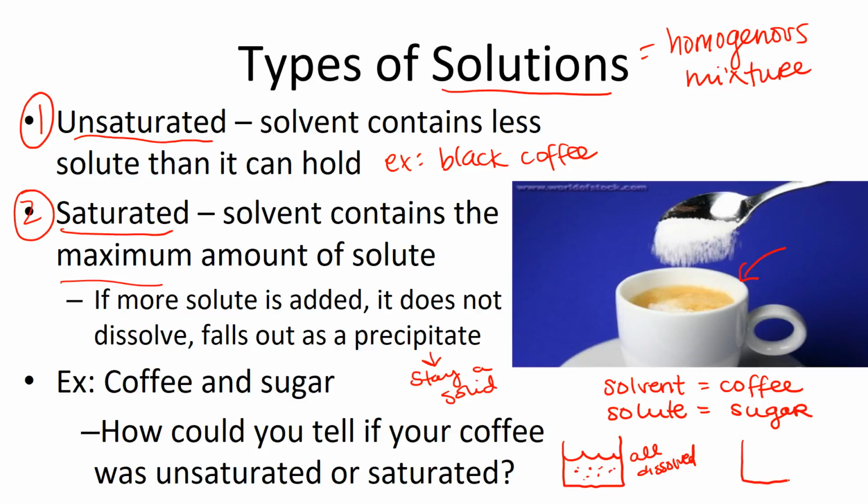But if I have my cup of coffee and I put some sugar in it and it all falls to the bottom, it kind of sits at the bottom of my coffee cup, it will not dissolve anymore, then I would be saturated. So this would be saturated, this would be unsaturated. Okay, so hopefully that helps you remember the difference.